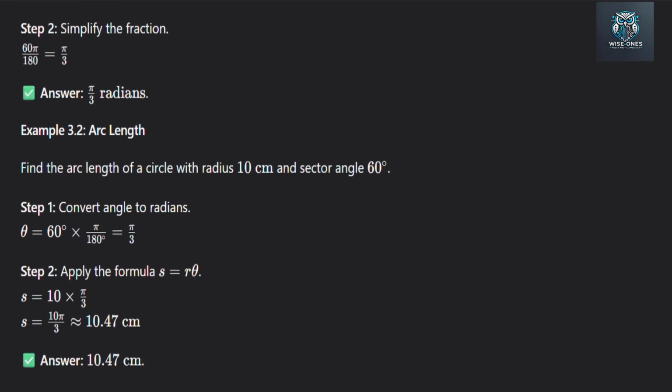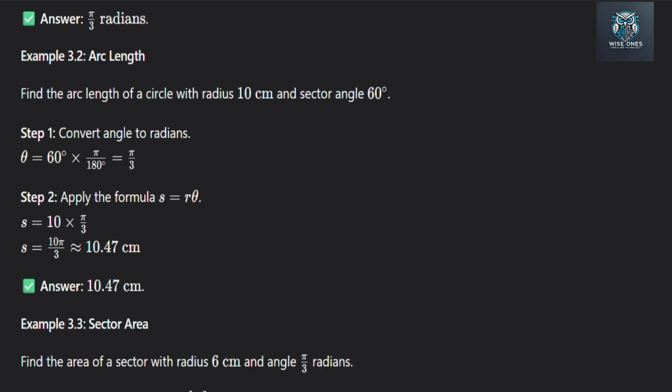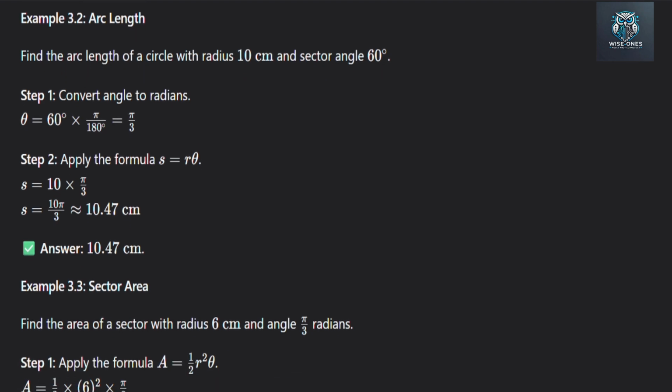Now let us look at example 3.2. Arc length. The question is, find the arc length of a circle with radius 10 centimeters and sector angle 60 degrees. Step 1. Convert angle to radians. We cannot use 60 degrees in the formula. We must convert it. 60 degrees times pi over 180 equals pi over 3 radians.